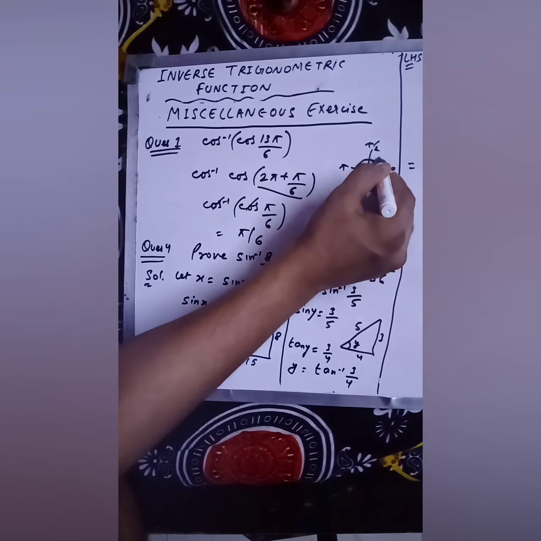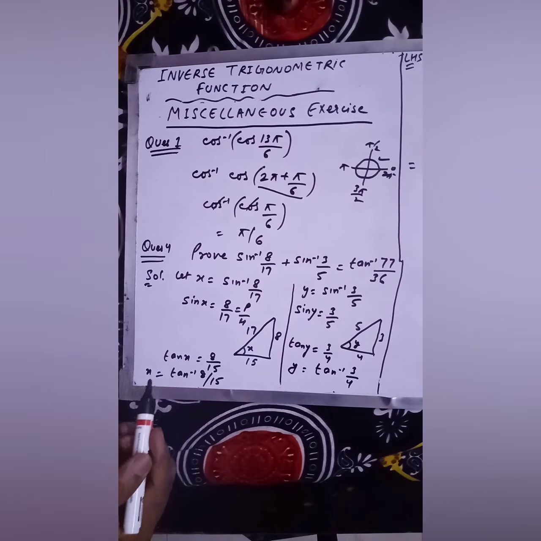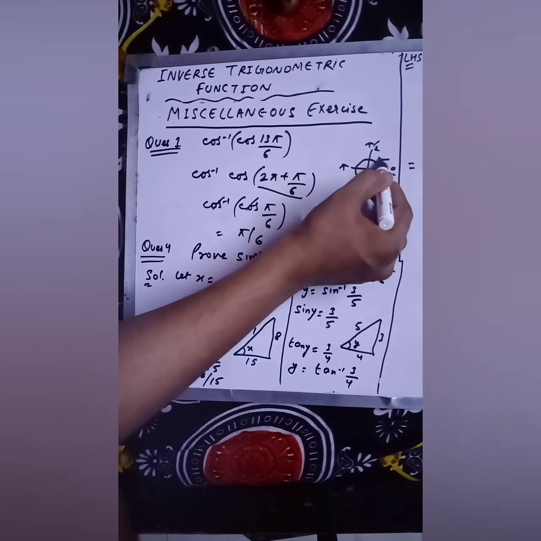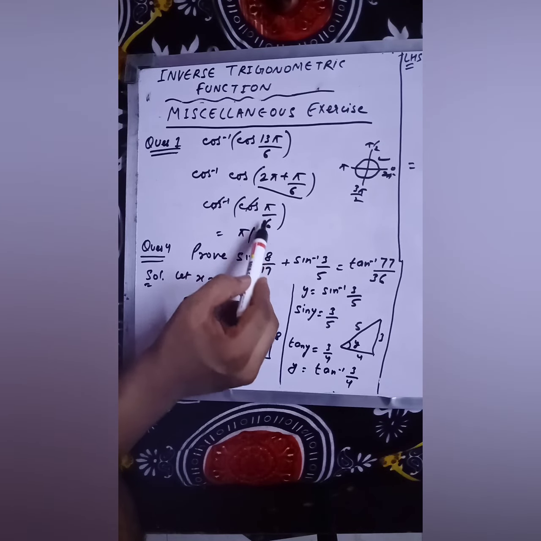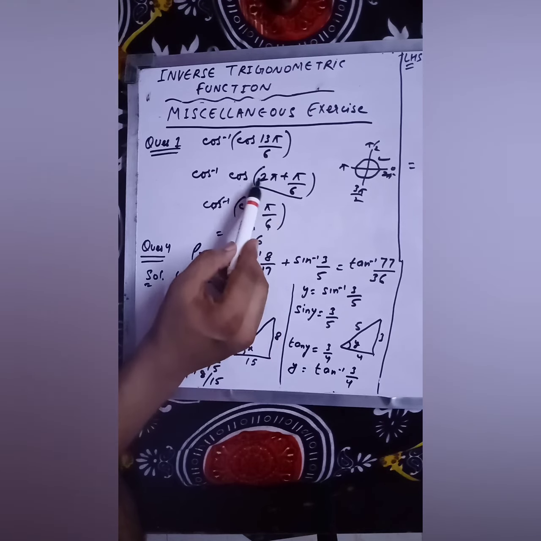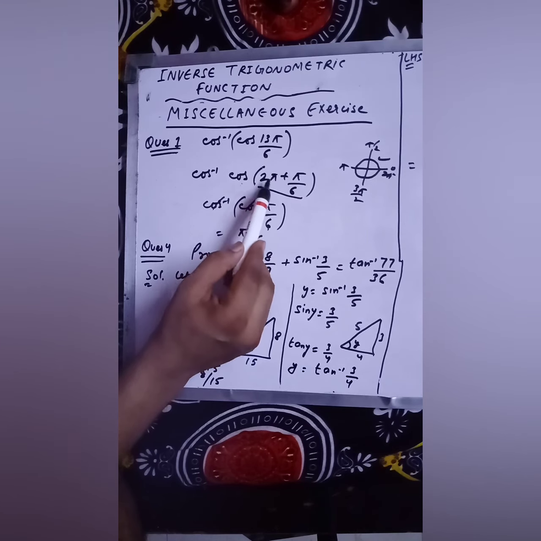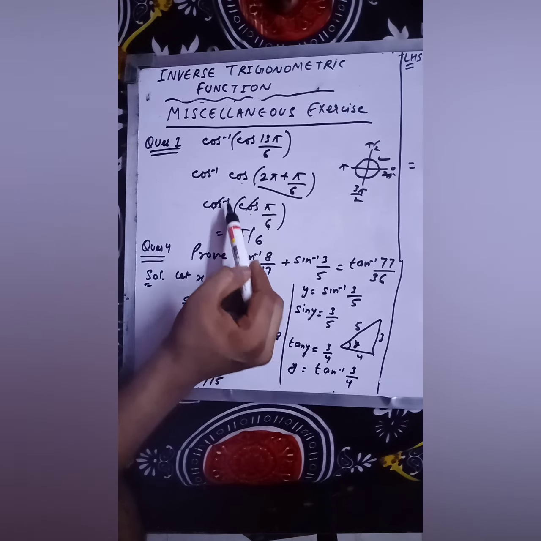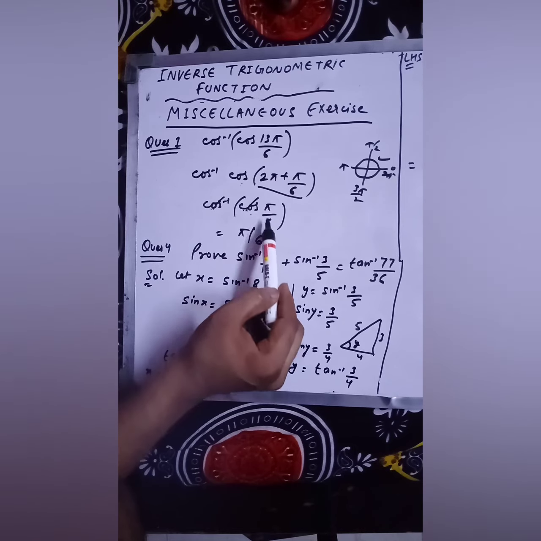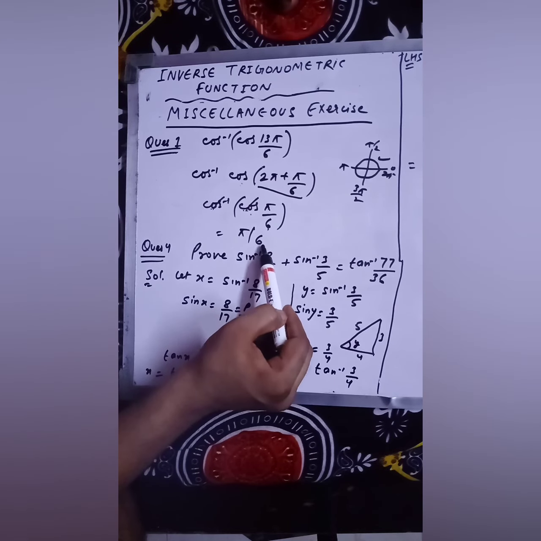That means it is coming in the first quadrant, and in the first quadrant the value of cos is positive. So I'm writing cos pi by 6, because the value of cos will not change at 2 pi. This cos and cos inverse will cancel out and you will get pi by 6.